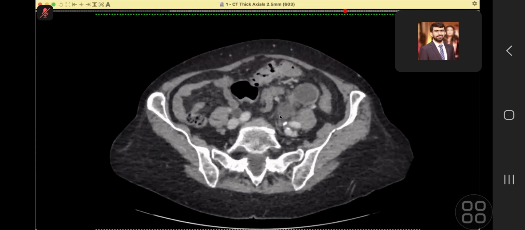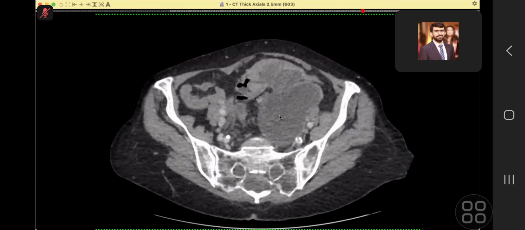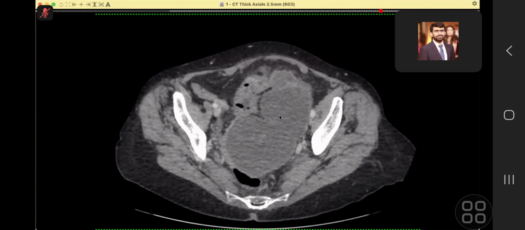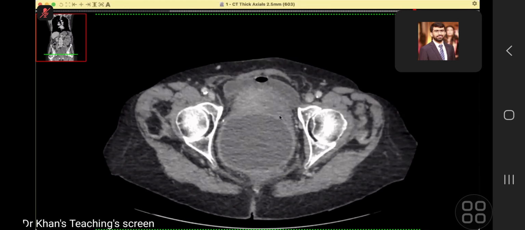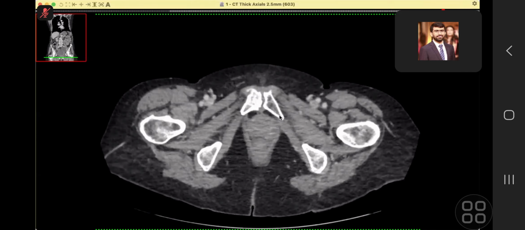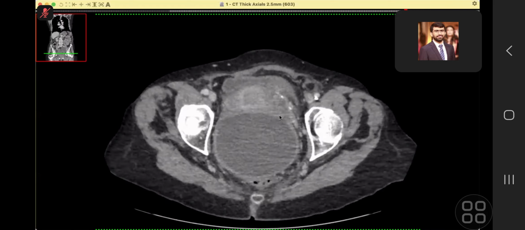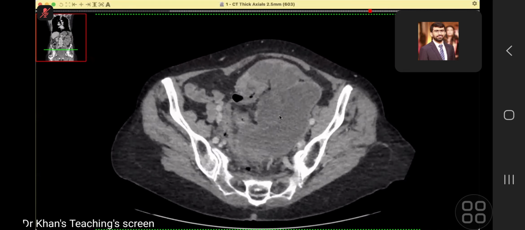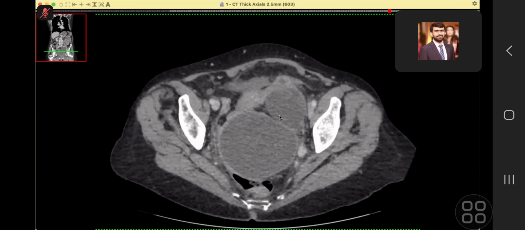And as we are going further downwards into the pelvis, yes, sir, here I can appreciate that in the pelvis there is an abnormality.